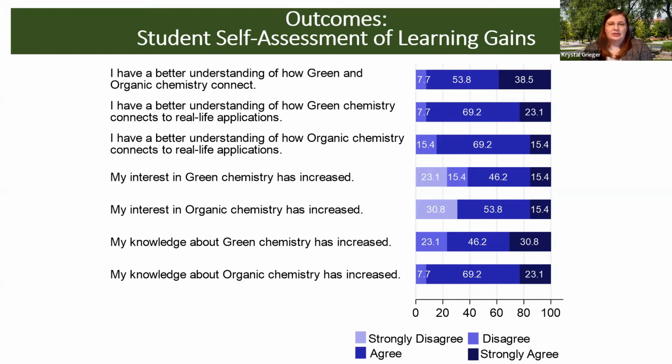I was excited to see that almost 84% indicated that their interest in organic chemistry increased as a result of this project. They also indicated that their knowledge about organic chemistry increased by delving into these reactions and seeing how they apply to real life, and not just as here's the mechanism from the textbook to memorize.